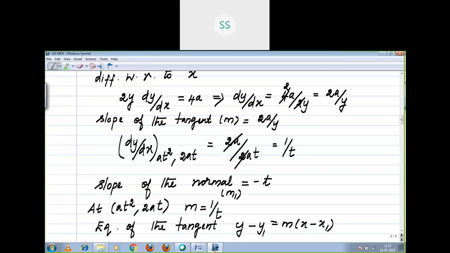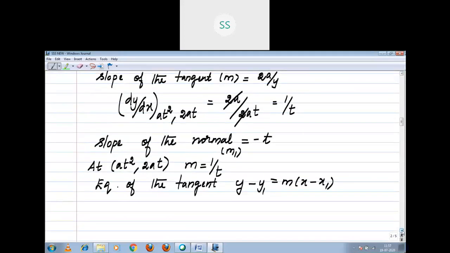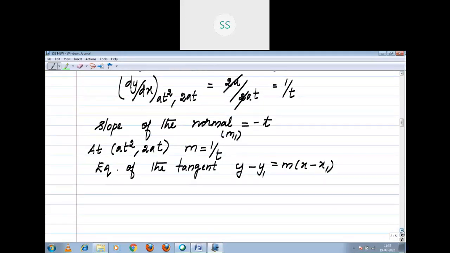Here you know x1, y1 and m also. Then you substitute and find the solution. Y minus 2at equal to, what is your slope of the tangent? 1 by t into x minus at².